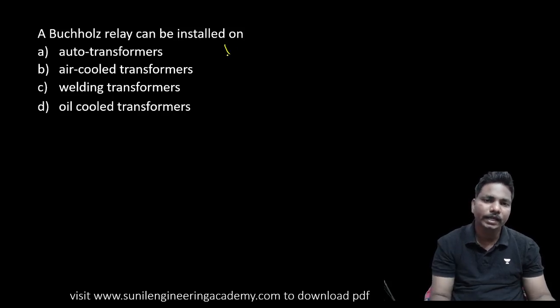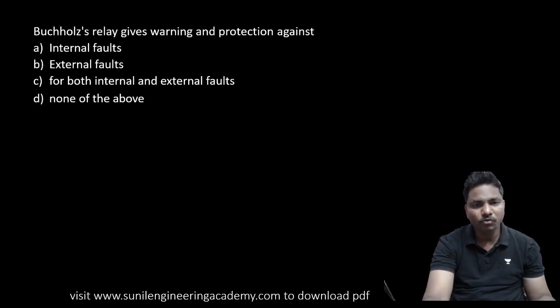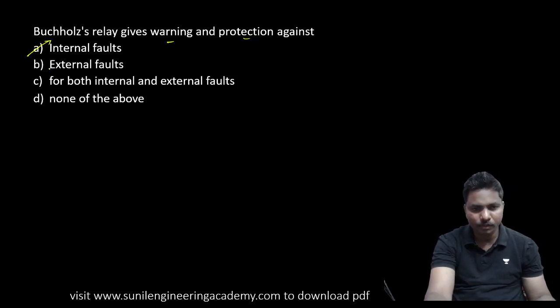It is operated whenever there is oil, so it is used in oil transformers, that is oil cooled transformers. Buchholz relay gives warning and protection against dash. It always gives a warning and protection against internal faults only.